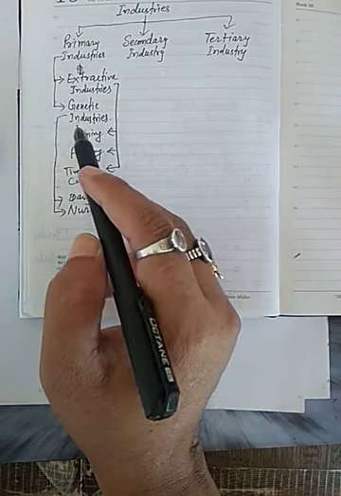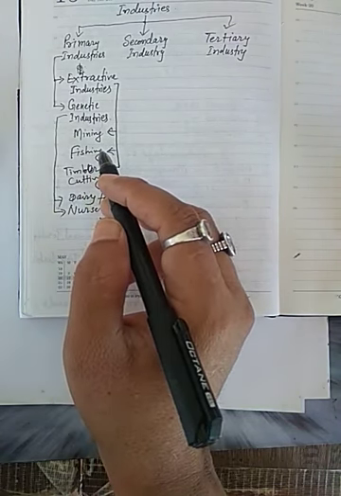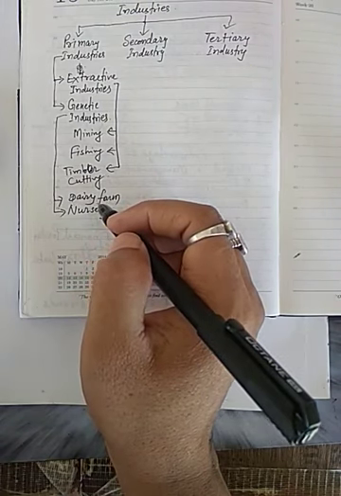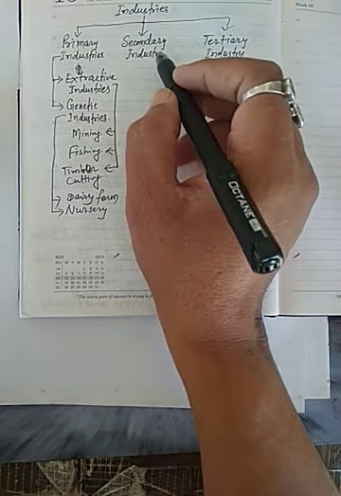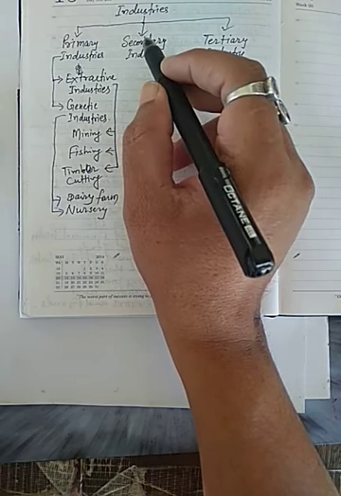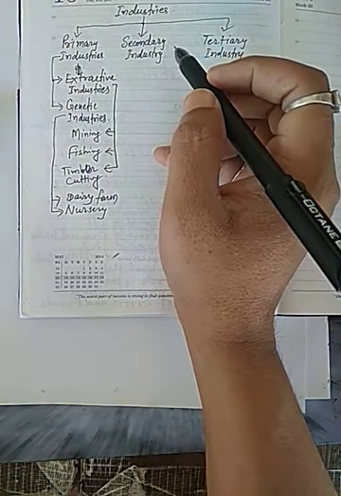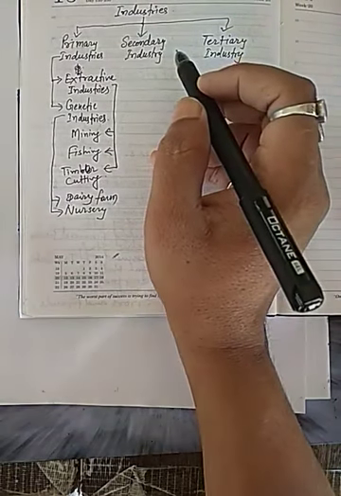Now, secondary industries. Secondary industries have two categories.